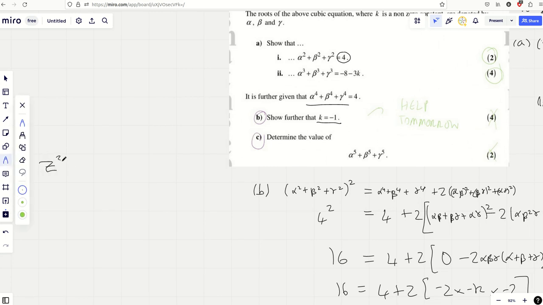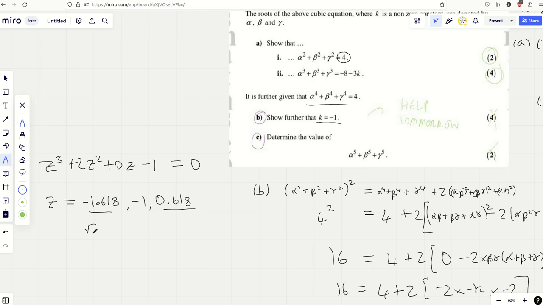And I got z cubed plus 2z squared, plus 0z if you like, minus 1 equals 0. And my calculator told me that the roots to that were minus 1.618, minus 1, and 0.618. Now I immediately looked at these and thought, that's got to be the golden ratio. It has to be the golden ratio, and I believe it is.